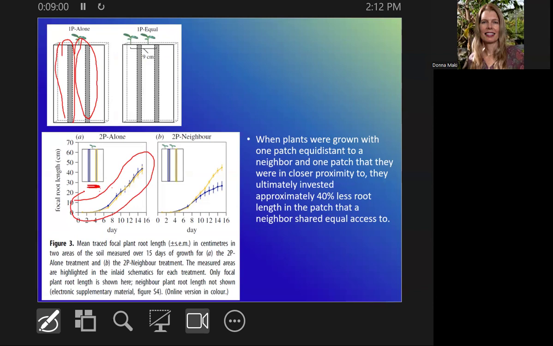And then they asked, how is that plant going to behave? So they're zooming into the right plant and saying, how is that plant going to behave now that it has a neighbor? And you can see that it preferentially shifted its growth off to the nutrient patch to the right.